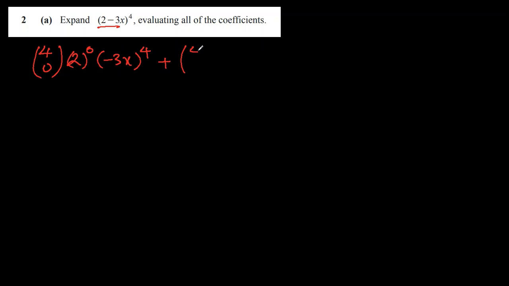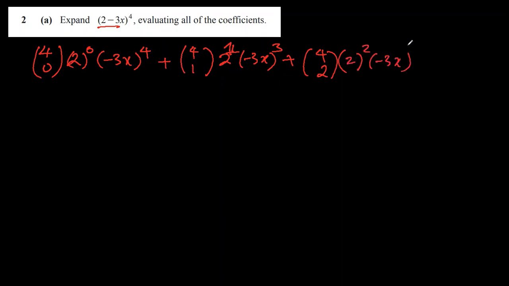Then we increase it by 1, 4c1, 2 to the power 1, minus 3x to the power 3. So this power went up by 1, this power went down by 1. Then 4c2, 2 to the power 2, minus 3x to the power 2 again. The sum is always 4. Total exponent is 4, so their sum should be 4.